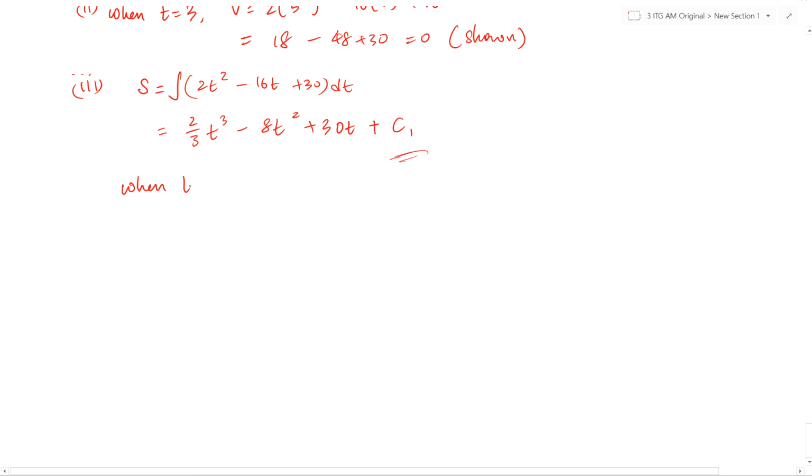When time equals 0, s equals 0, we quote the relationship that we are using. And based on this, mentally, we can tell that C1 must also be 0. Okay? So now, s is given by 2 over 3 t cubed minus 8t squared plus 30t.